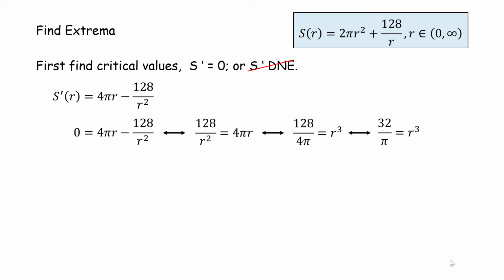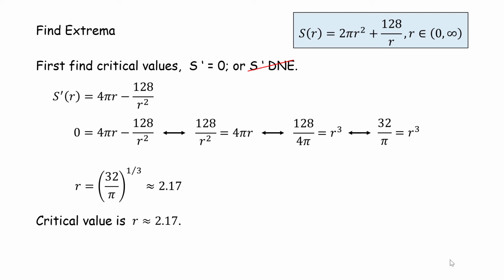We'll take the cube root of both sides to get r by itself. So r is equal to 32 over pi to the power of 1/3. That's the exact value. We can approximate that to approximately 2.17 using your calculator. The critical value is, we only have one, 2.17.